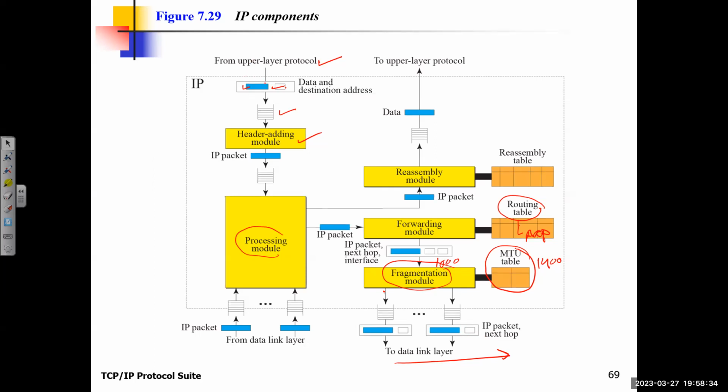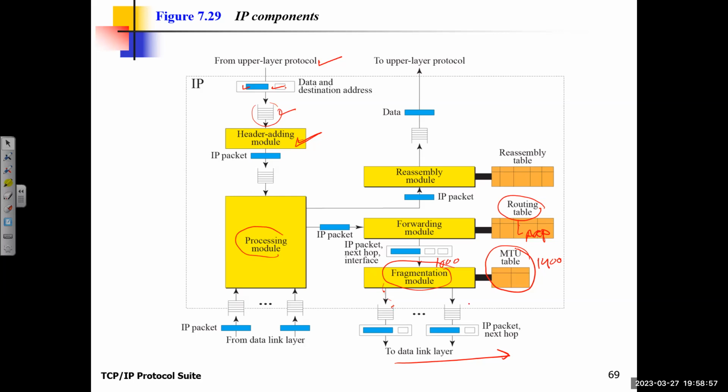Data comes from the top layer, you add it to the queue, you add your header, then you find the next IP address and the physical address. After that, you decide whether you have to fragment the packet. If so, you do fragmentation and then send it.